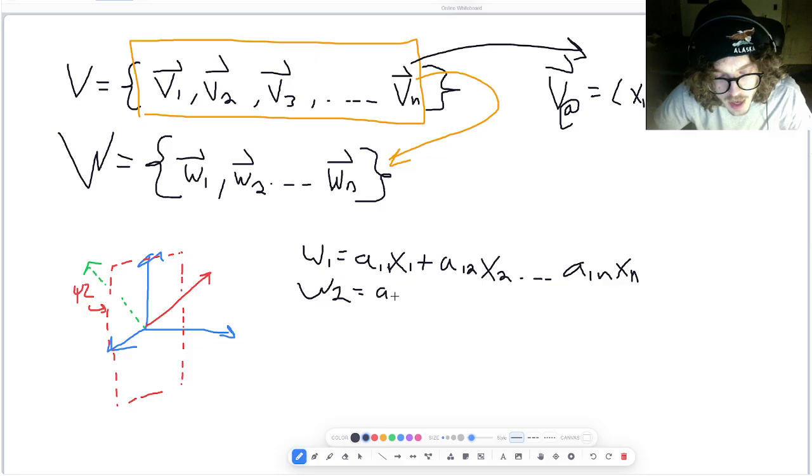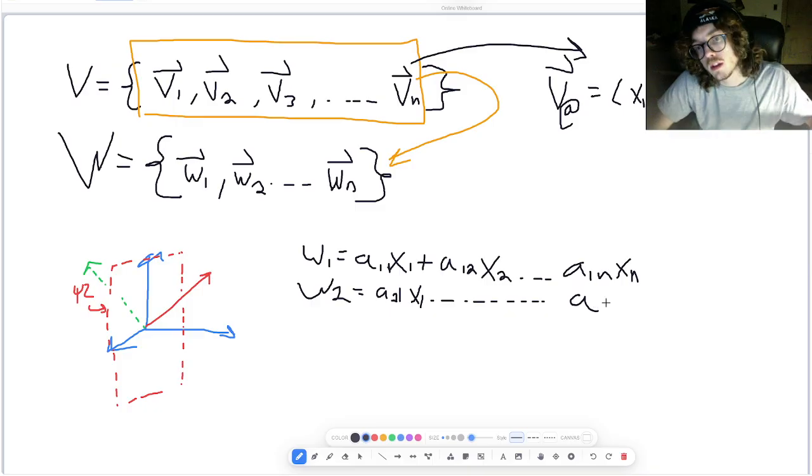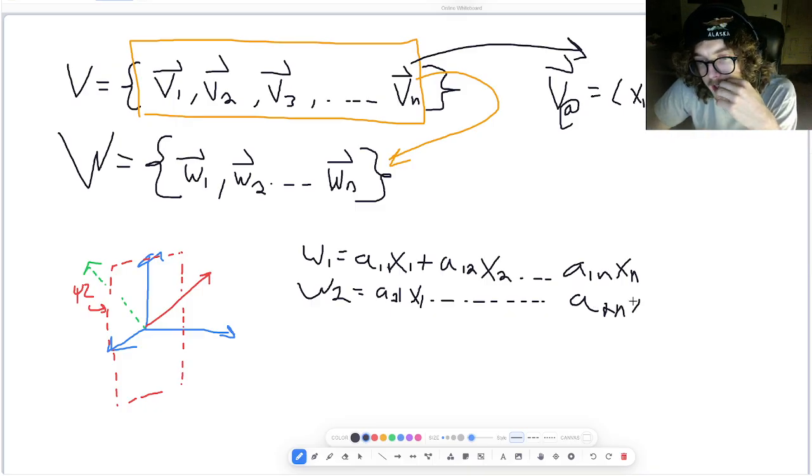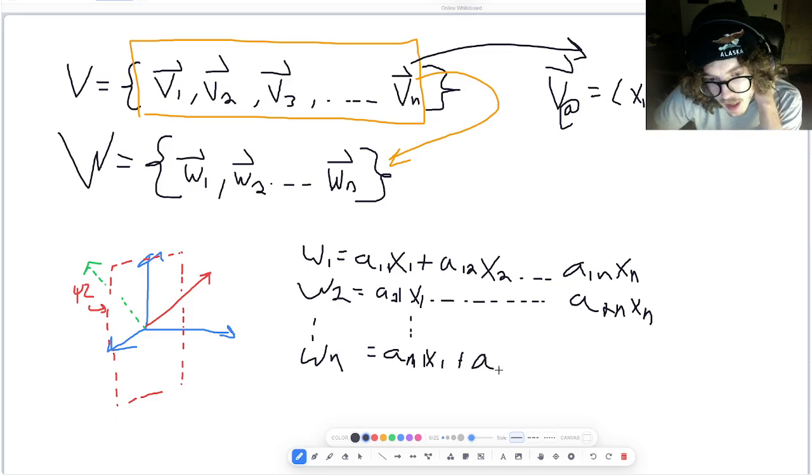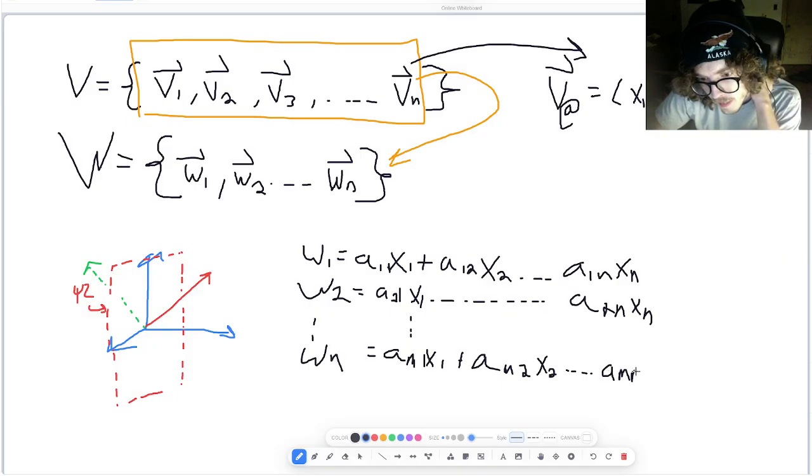W2 then follows: A21 x1, dot dot dot, A2n xn. And then dot dot dot, Wm is equal to Am1 x1, Am2 x2, dot dot dot, Amn xn.